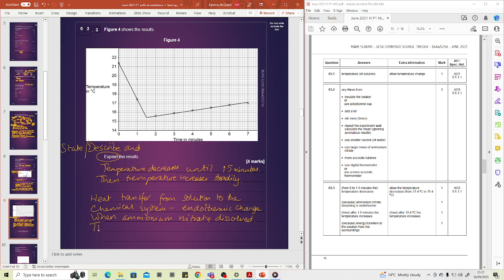Then the solution got warmer again as it equilibrated with the surroundings.